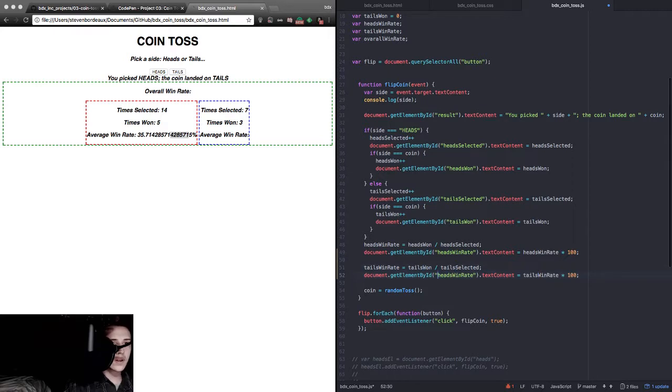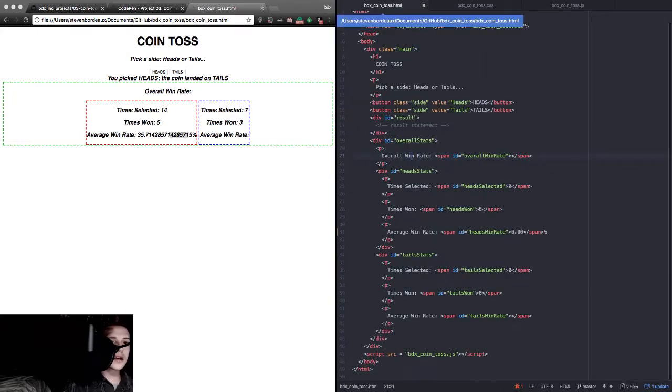Crap, we missed one. Typical. Forgetful Steven. Good, good, good. Let's save. We still need to add math.floor. But that's okay. So here we can do the following.